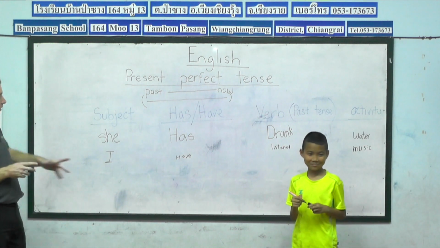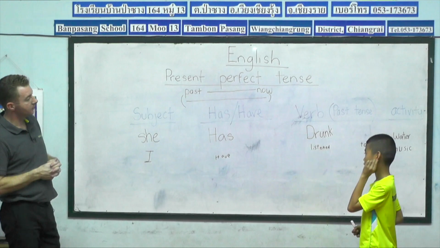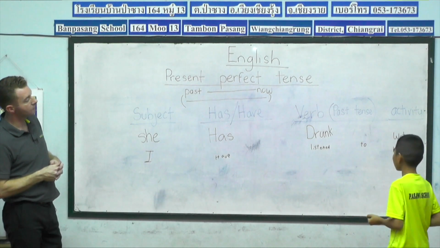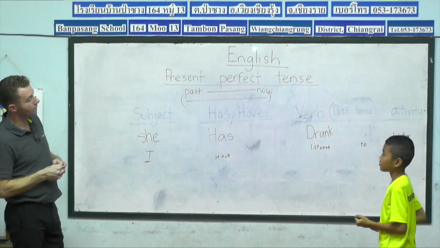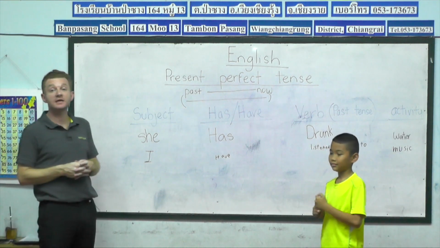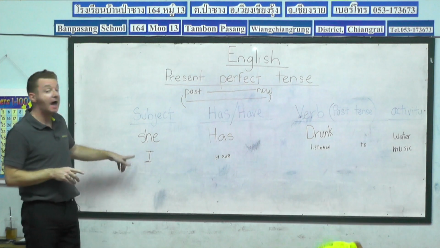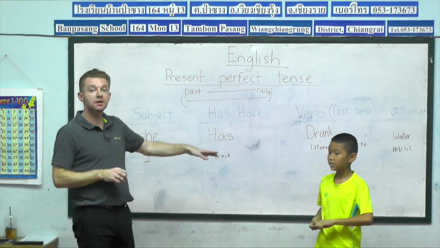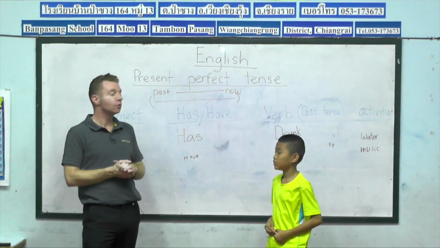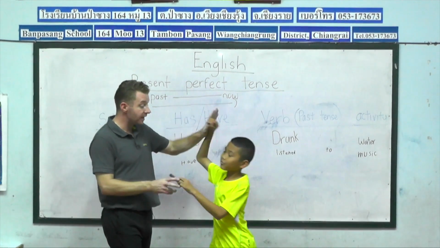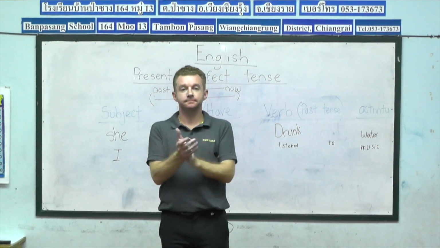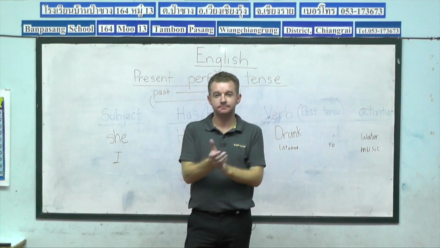So, Pangpon, can you say your sentence for me? Okay, and now everybody can say the sentence together. I have listened to music. Pangpon, very well done. High five and a big round of applause for Pangpon.